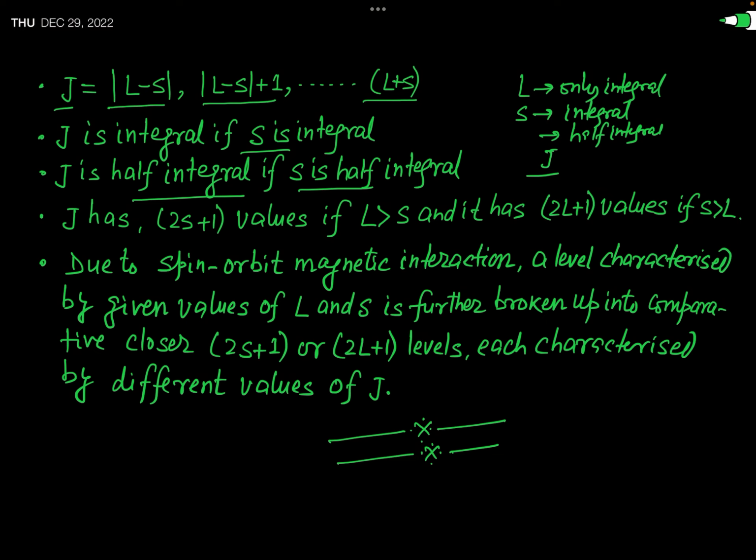Now this J has 2S plus 1 values if L is greater than S. Mark this. If L is greater than S, then J has 2S plus 1 values. But if S is greater than L, then J has 2L plus 1 values. So you can say that J has either 2S plus 1 values or 2L plus 1 values.